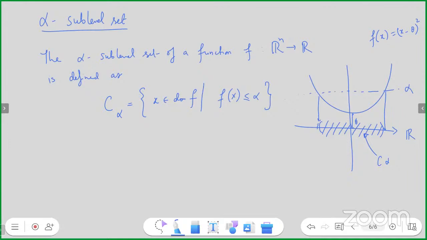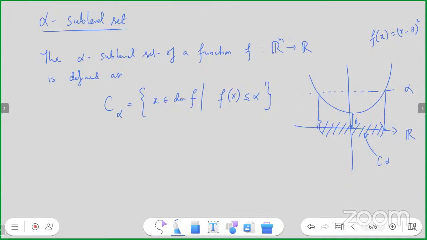Okay. If this is convex, how will you call it? Is that trivial? We're saying, suppose the function f is given to be convex. Then it has to be that the alpha sublevel set for any alpha better be convex. Why should that be true? Let's say that f was convex, and x comma y belong to C alpha.